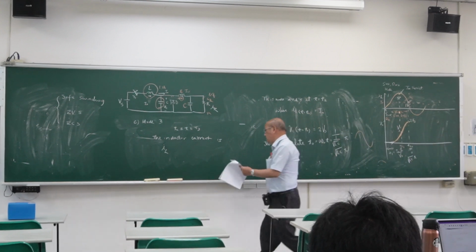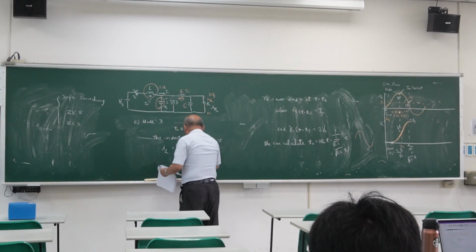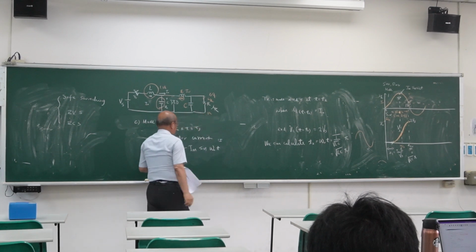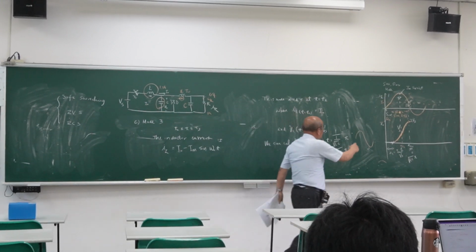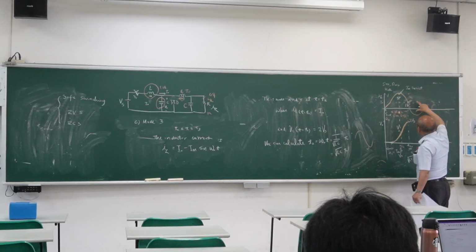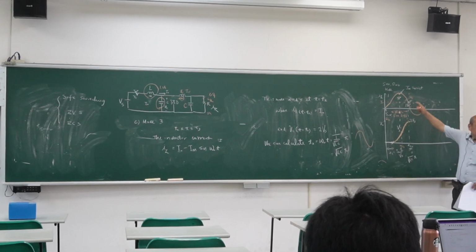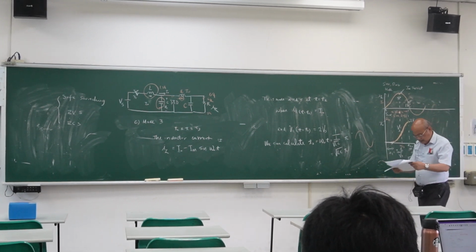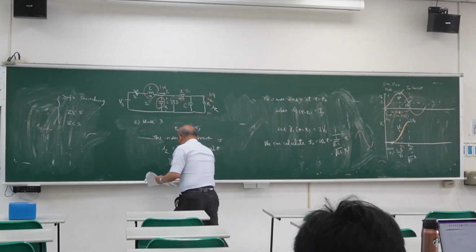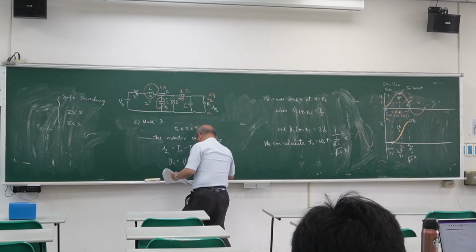So what is IL? IL is the initial value minus Im sine omega 0 t. So this is I0 plus Im sine omega t. This is I0 minus Im sine omega t. It is pure sinusoidal. How about VC? VC is the initial value plus the integral of IL dt.